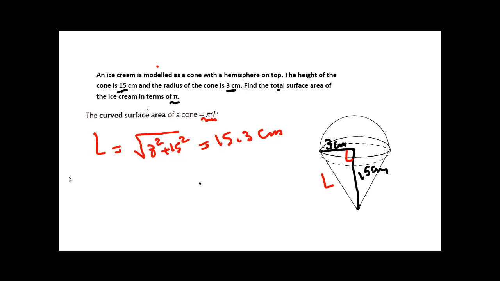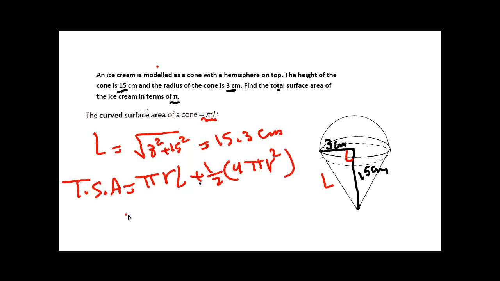Now we can find the total surface area, which is the curved area, pi r l, plus half the area of the sphere, which is the area of a hemisphere, half of 4 pi r squared. Let's substitute.